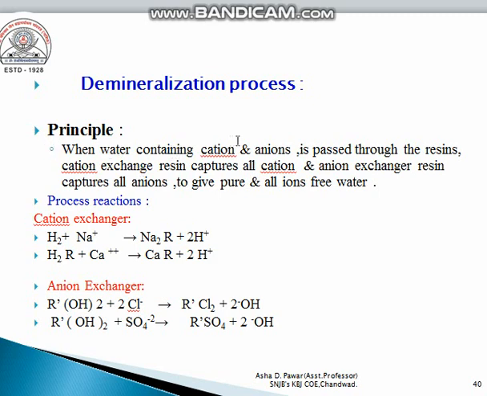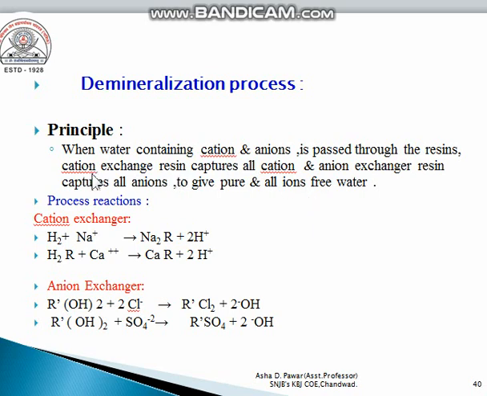When water containing cations and anions is passed through the resins, the cation exchanger resin captures all cations and the anion exchanger resin captures all anions, to give pure, ion-free water. That is very simple. If water contains impurities like sodium chloride or magnesium sulfate, heavy metal salts, then in the demineralization process two resins are used, cation exchanger resin and anion exchanger resin.